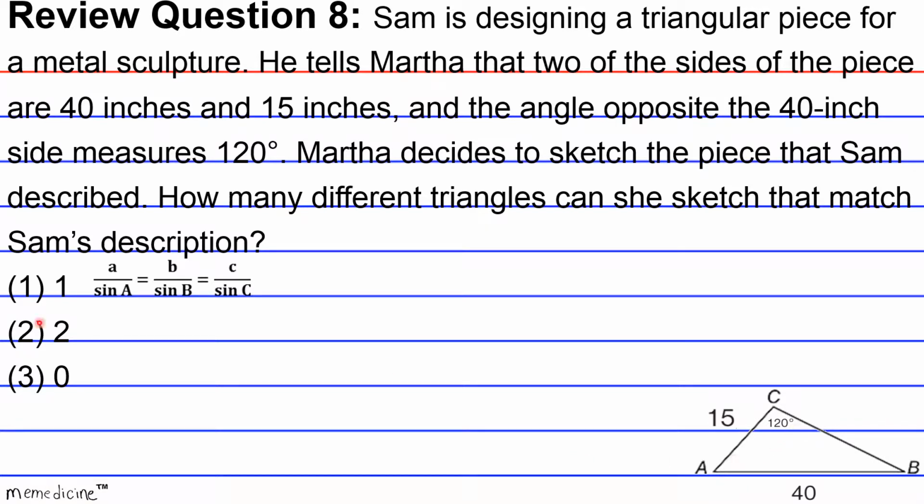So we see here that a over the sine of angle A is equivalent in ratio to b over the sine of B, which is equivalent to the ratio of side c divided by the sine of angle C, okay?